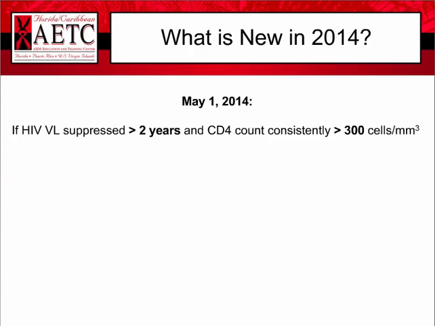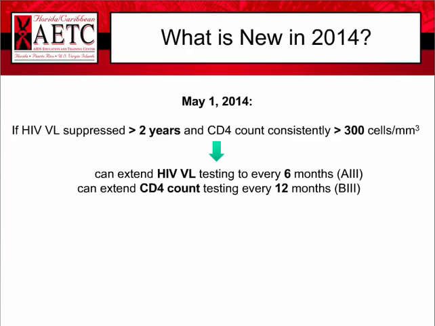What also is new in May, because populations were doing so well and the drugs worked so well: if someone has a suppressed HIV viral load for greater than 2 years, and their CD4 count is consistently above 300, we can actually extend the HIV viral load testing to every 6 months. Which is great.